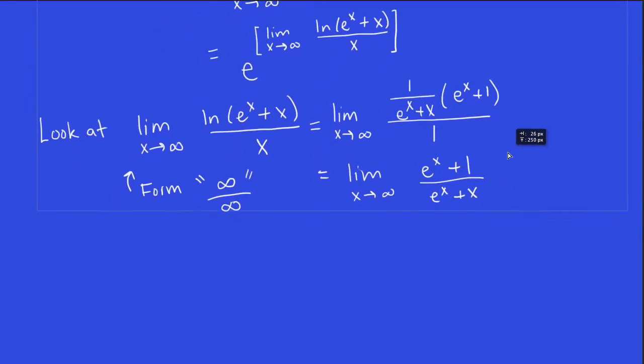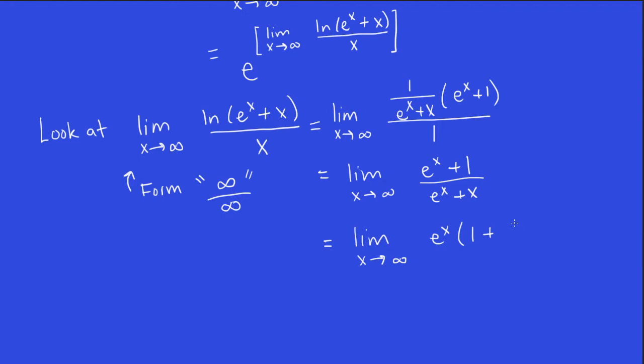Now, how can we make progress on this? Well, this is of the form infinity over infinity again. I guess we could use L'Hopital's rule one more time. It's not really necessary. We could just factor out the dominant term, e to the x, from top and bottom.